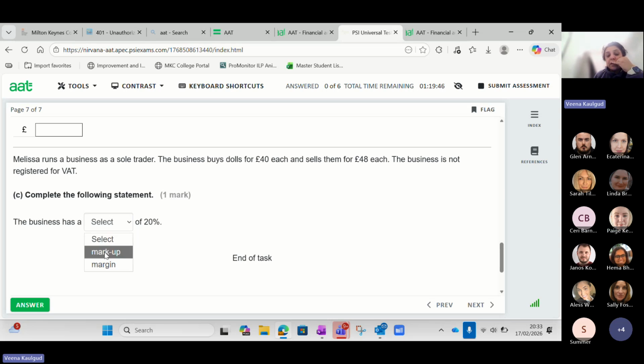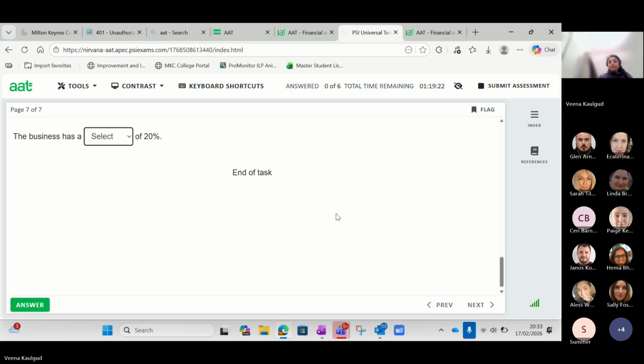So it means it is a markup. You can also think like this: on 40, calculate 20%. It is on the cost. If it was a margin, then it would have been included in that. But because it is a markup, you calculate 20% on the 40 and you get 48. So it means it is a markup.